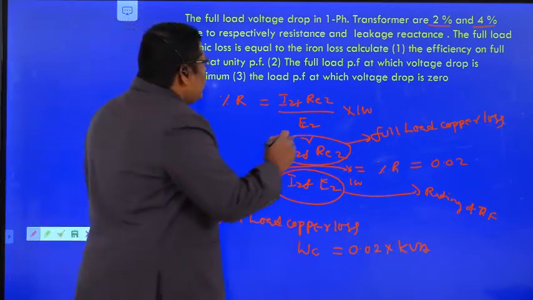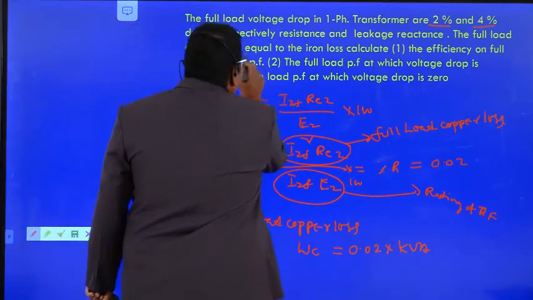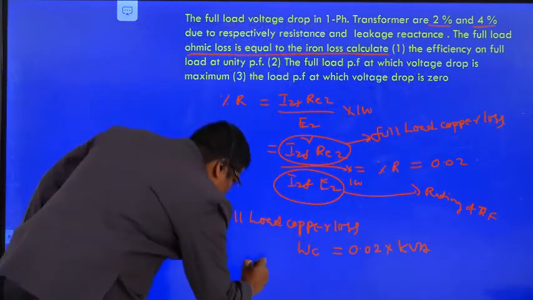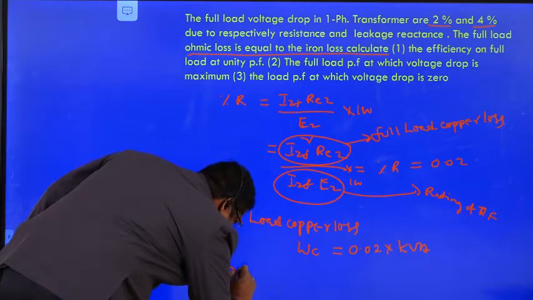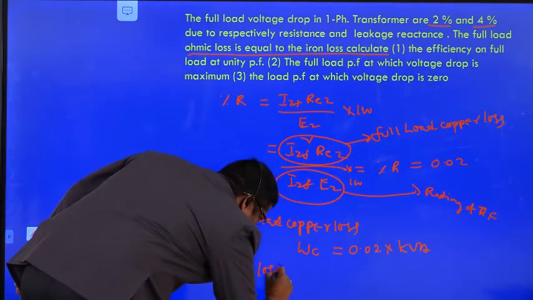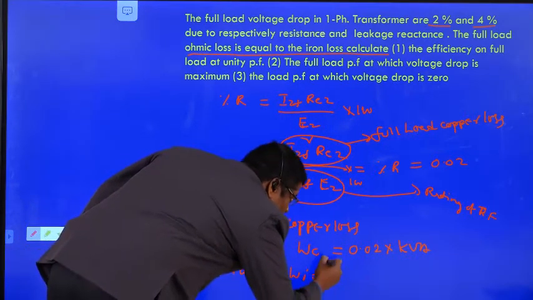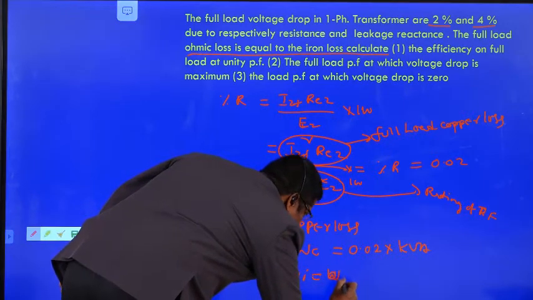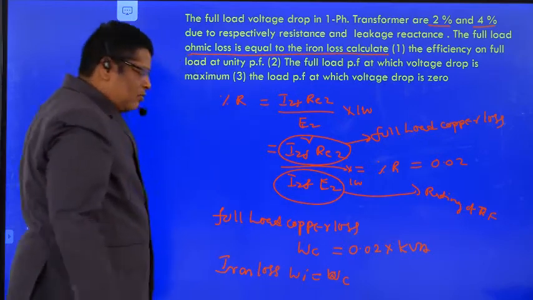In the problem, it is given that the full load ohmic loss is equal to the iron loss. So the iron loss, nothing but the constant loss Wi, is equal to the full load copper loss WC.